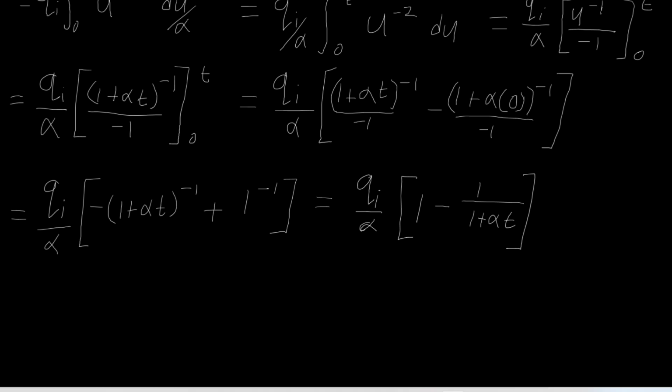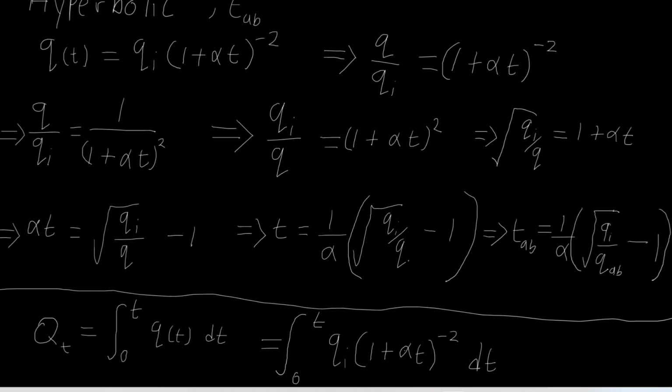Okay, if we can recall from here, this value, this is what we're using now. So 1 plus alpha t is the square root of qi over q.